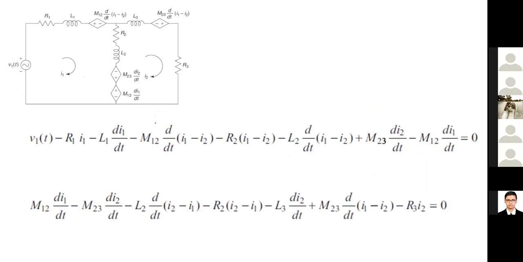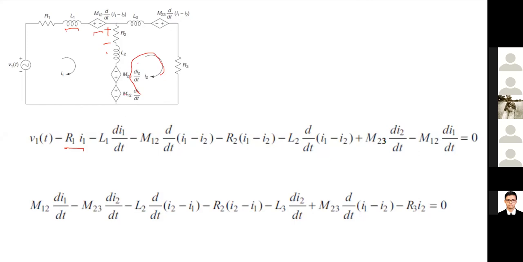V1(t) is equal to minus R1 I1(t), minus L1 dI1 by dt, minus M12 d by dt of (I1 minus I2), minus R2 (I1 minus I2), minus L2 d by dt of (I1 minus I2), plus M23 dI2 by dt, and minus M12 dI1 by dt. Similarly, if you consider this loop, what will I start with?